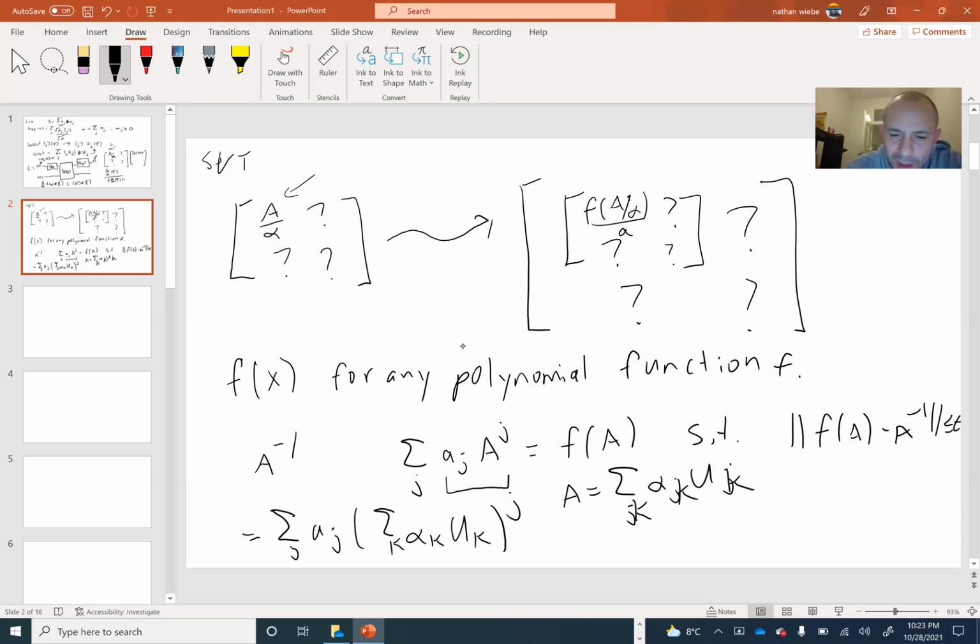The reason is that if k goes from 0 to big M minus 1, the number of terms that we end up having in this series is going to be on the order of M to the capital K. So that blows up exponentially.